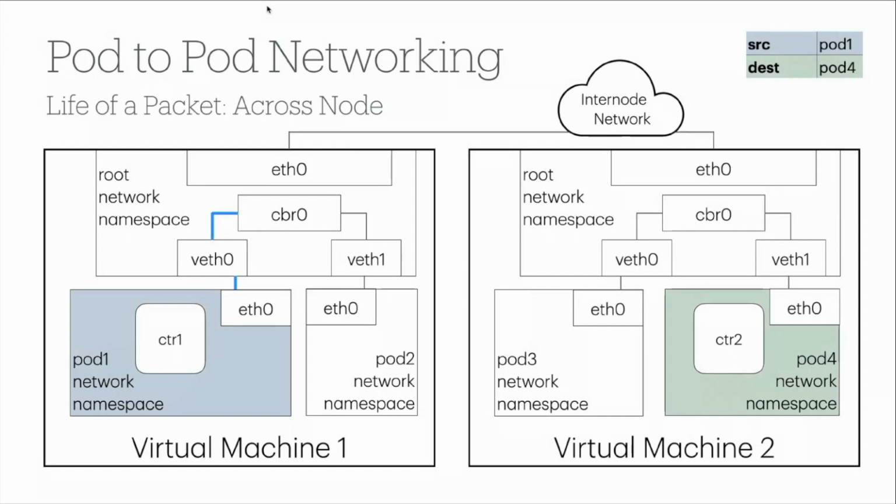That is the physical interface of the machine. Now, the internode network, that is the network connecting all the nodes, takes care of routing that packet to the correct VM. On a physical network this is taken care of by the network itself, and on cloud providers like AWS, AKS, GCP, through the cloud provider itself.